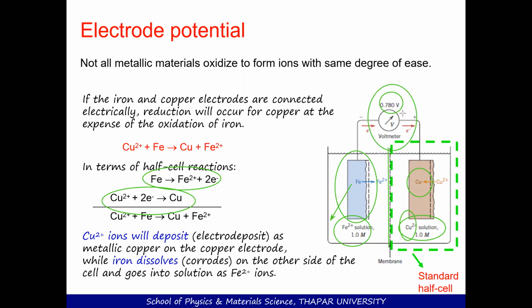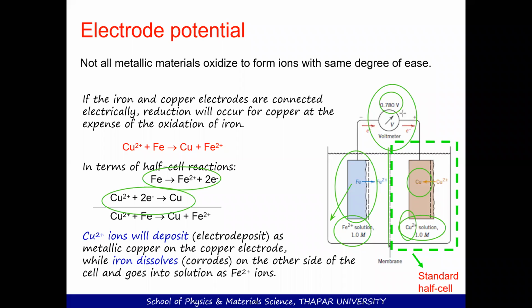So what we understood up to this point is that copper has a tendency to accept electrons and gets converted into a neutral copper atom. That means copper undergoes a reduction reaction. And iron has a tendency to liberate electrons. That means iron undergoes an oxidation reaction.